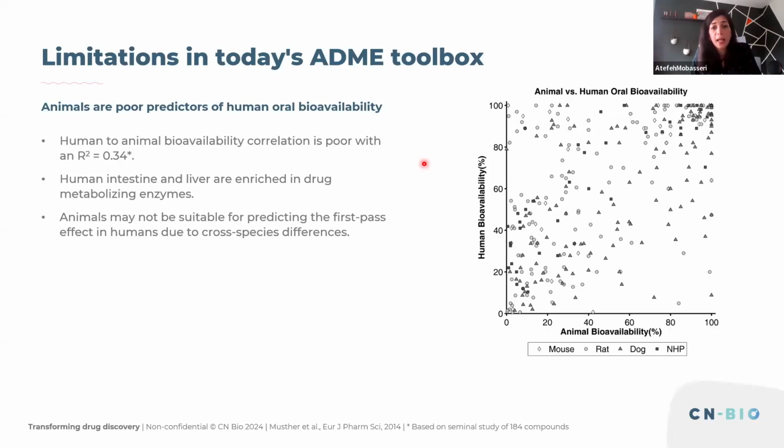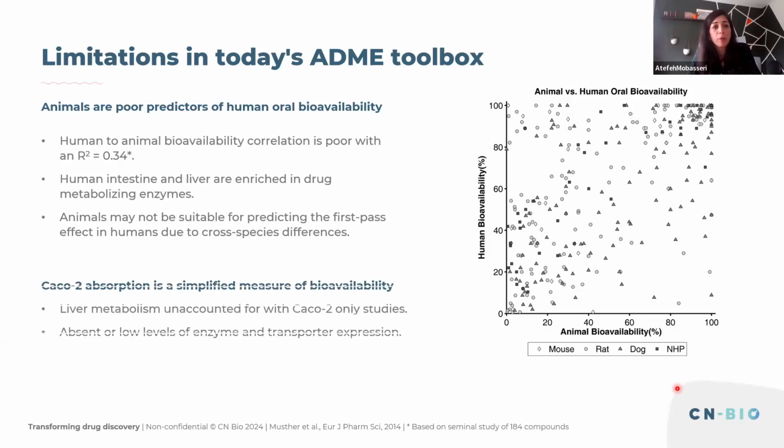This is a study published in 2014, where they looked at several compounds and compared their bioavailability between different animals and human. The main finding is that they show interspecies differences, which is the main cause of the poor prediction of the animal model.